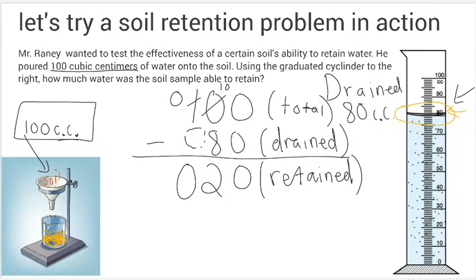And so if we saw that 80 cubic centimeters of that water, of that 100, could not be held by the soil, that means only 20 of the cubic centimeters of the 100 could be retained by the soil. And so 20 cubic centimeters is retained.